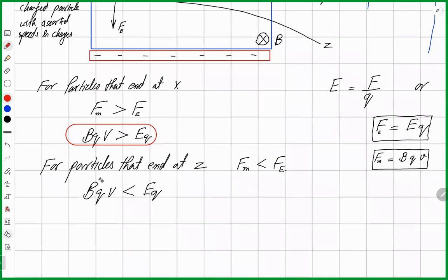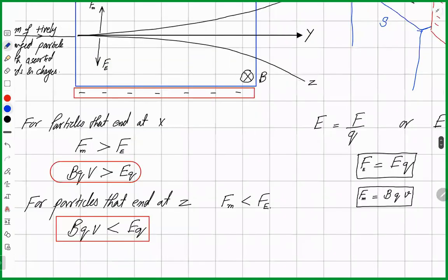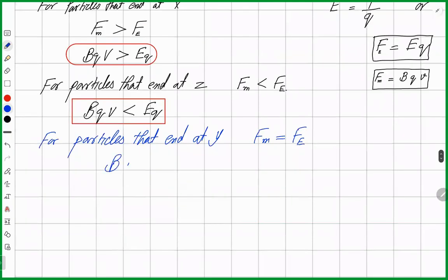But for particles that end at Y, magnetic force is equal to electric force. BQV equals EQ. Q and Q can get cancelled.